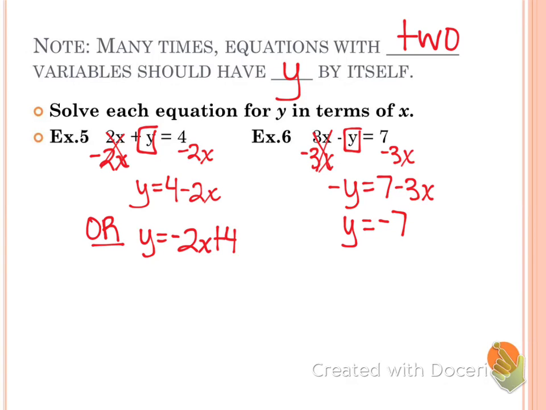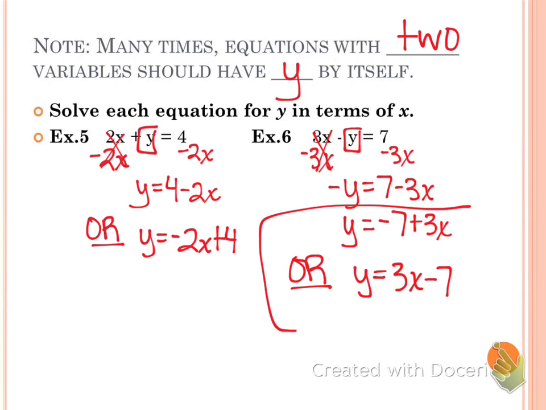Instead of minus 3x, it will be plus 3x. Okay, so this would be one option. Or we would have y equals, the 3x is positive, the 7 is negative. So either one of those works for a final answer.